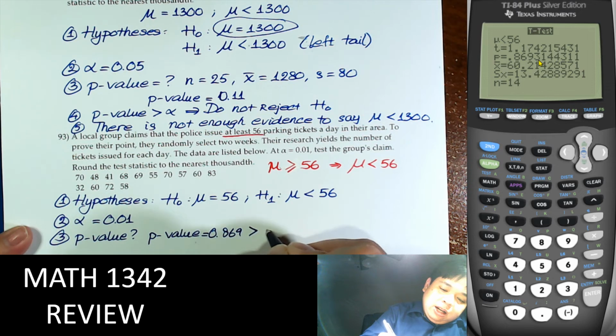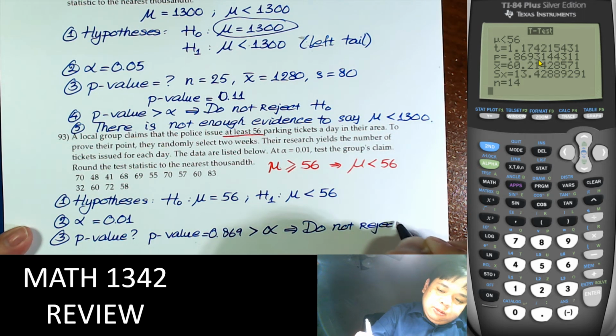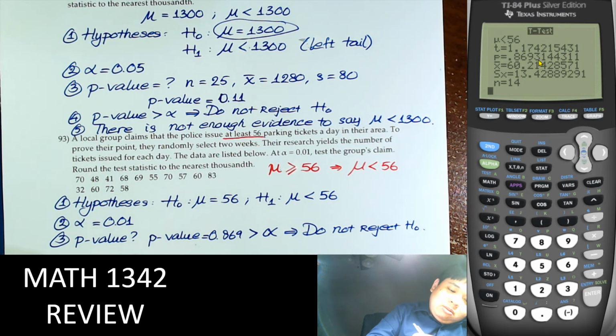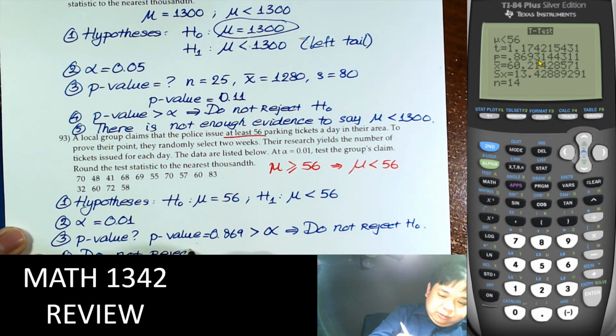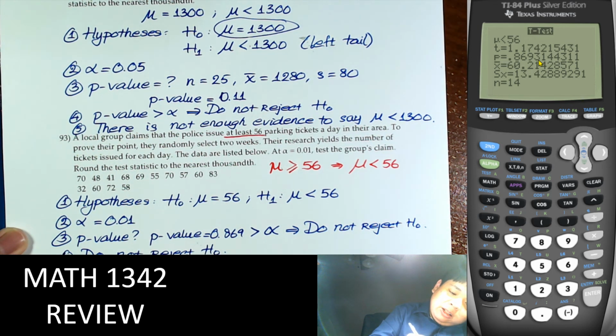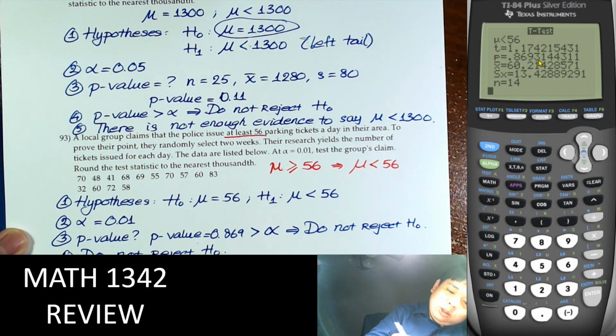It is greater than alpha, so we do not reject. Sorry, this is do not reject on step number 4. So that means there is not enough evidence to support that it's less than.